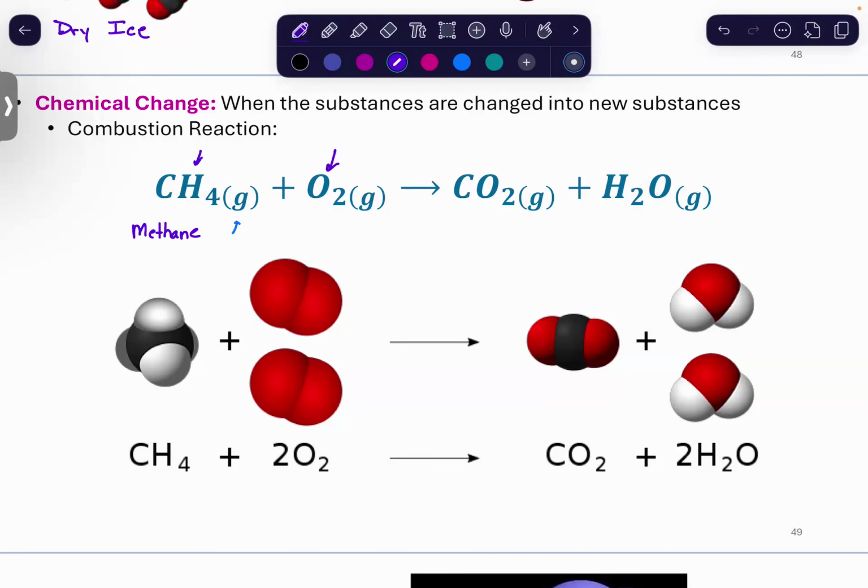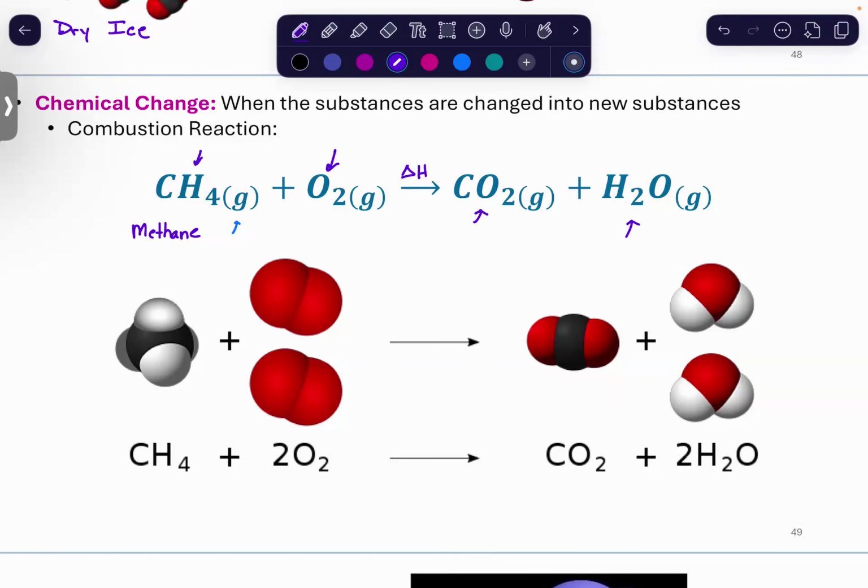So methane mixed with O2, you add heat. So we're going to put delta H there. That's a symbol you'll see in chemistry for heat is added. So methane combined with O2, and the products of the combustion of a hydrocarbon are always going to be carbon dioxide and water.